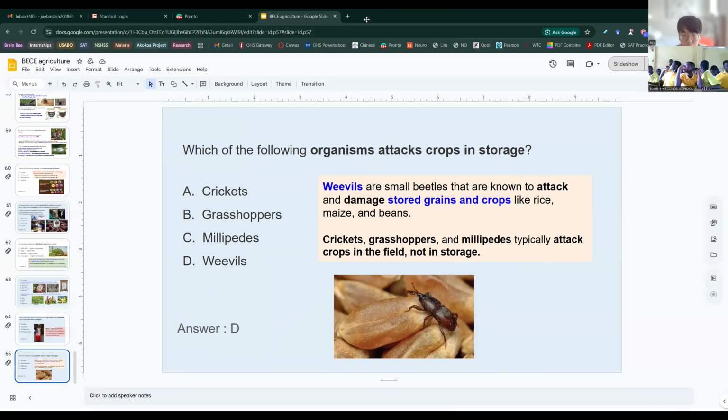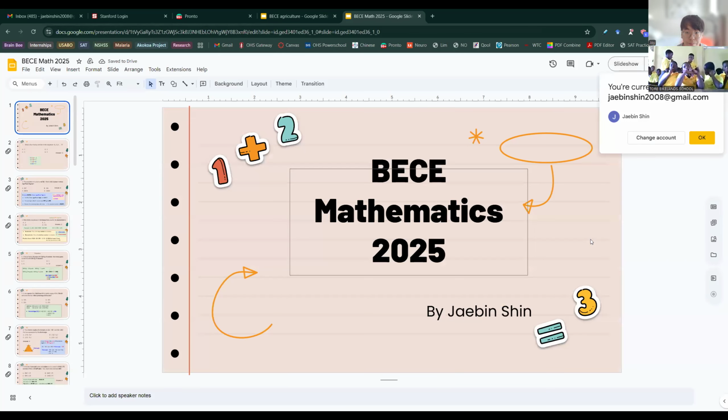We will be moving on to mathematics. We'll be solving a few questions from the BECE math, the 2025 exam.